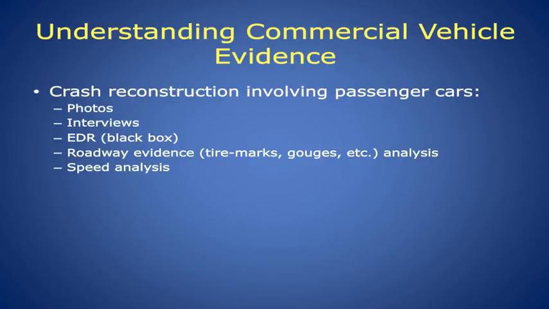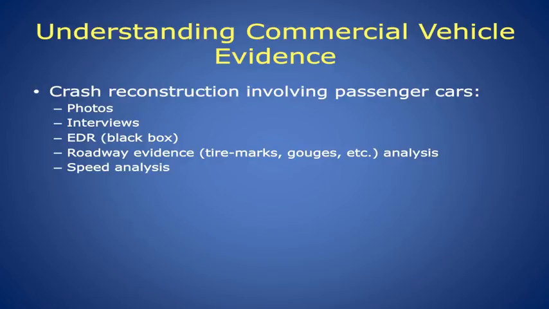In a passenger car, depending on the year, make, and model, you're going to want to try and get the EDR, which is known as the black box. EDRs are also called different things in passenger cars. Some are called SDMs. There are all kinds of different names, but in essence, it's a black box that records speed. It records a lot of different things depending, again, on the year, make, and model.